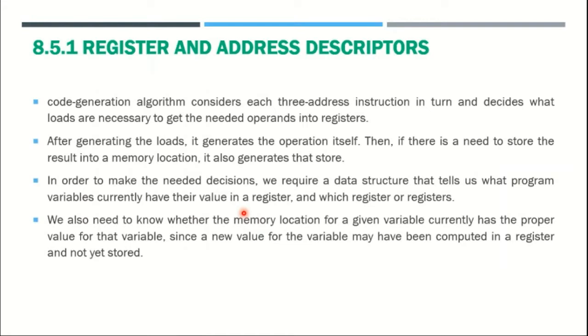In order to make these needed decisions, we require some data structure. That data structure tells which program variables are currently using registers and which variables are not. With its help, we can easily decide which register values are currently used by the program and which are not.